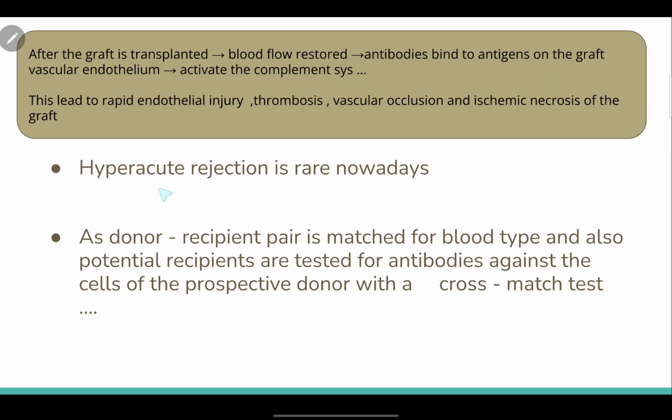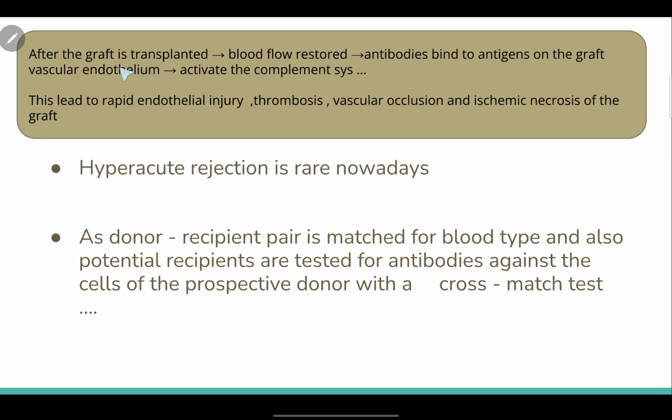So, hyperacute rejection is rare nowadays since the donor and recipient pair is matched for blood type, and also potential recipients are tested for antibodies against the cells of the prospective donor with the cross-match test.